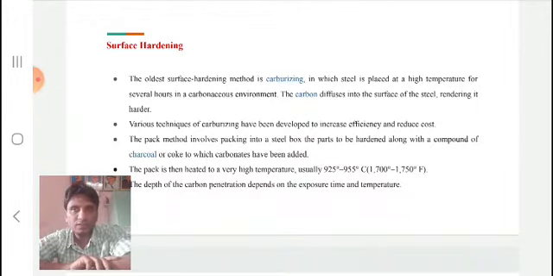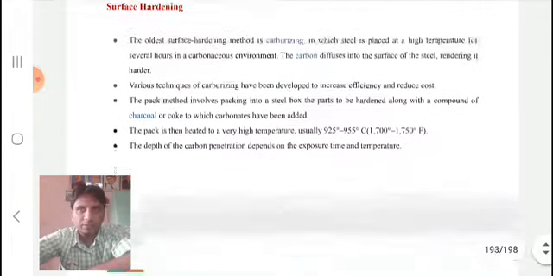These are the parameters which decide the depth to which carbon diffuses into the steel, and till that depth the steel gets hardened. So by diffusing carbon onto the surface layers we are increasing the hardness. That is about the pack method.